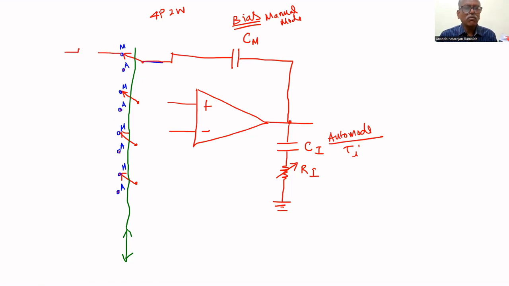Initially it is in manual mode. It is connected to a power supply of plus 12 volt and minus 12 volt.